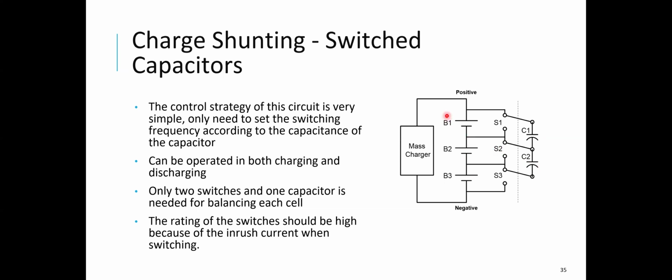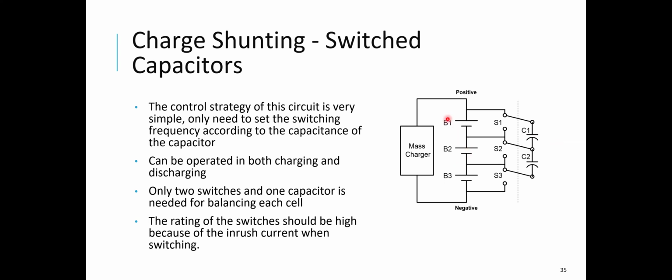So if I look at what's happening between battery 1 and battery 2, this capacitor, for some period of time, will be connected across battery 1, and it'll be connected across battery 2 for another period of time. And if there is a difference between battery 1 and battery 2, this capacitor will take charge from one battery and give it to the other.